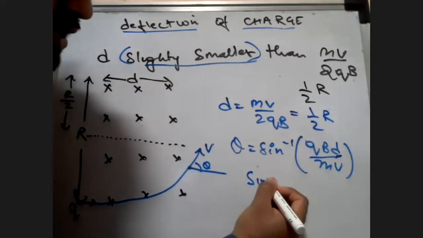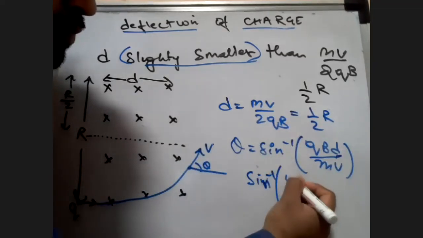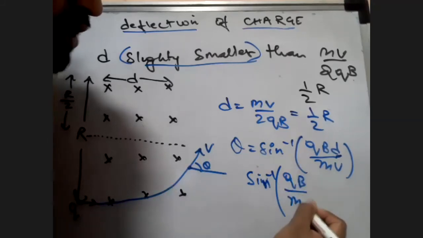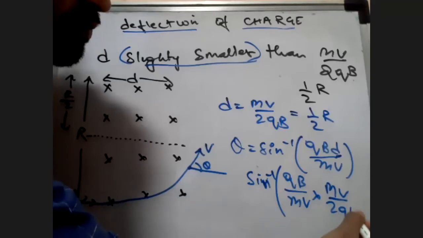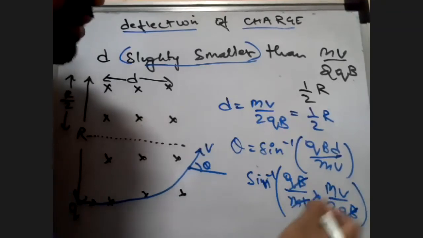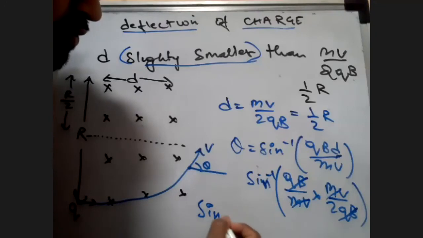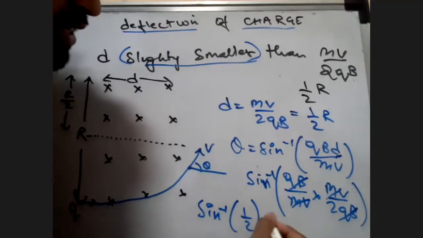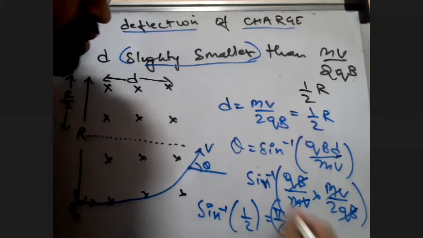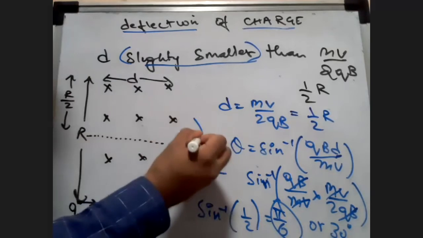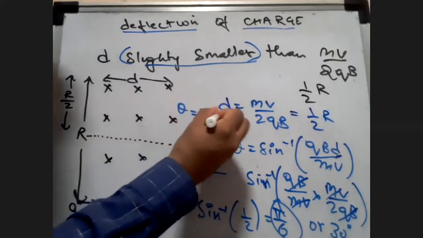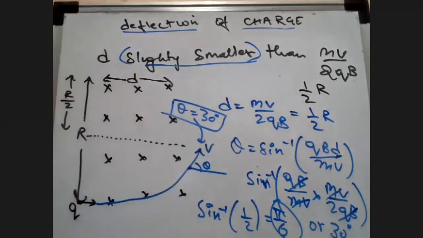So you'll get sine inverse of qB upon mv into the value of d, that is mv upon 2qB. So that will get cancelled. You'll get sine inverse of 1 by 2, and that is equal to pi by 6, or 30 degrees. So this angle theta will be equal to 30 degrees. Everyone understood this?